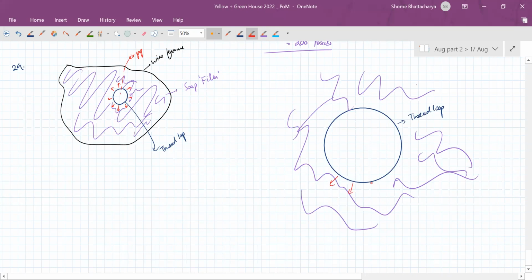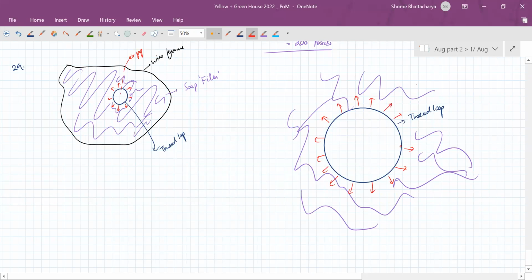So force due to surface tension is acting like this. So it's getting pulled outwards because of that.